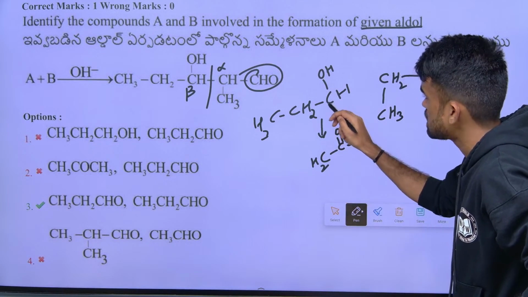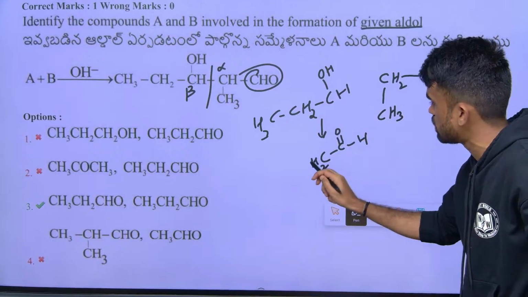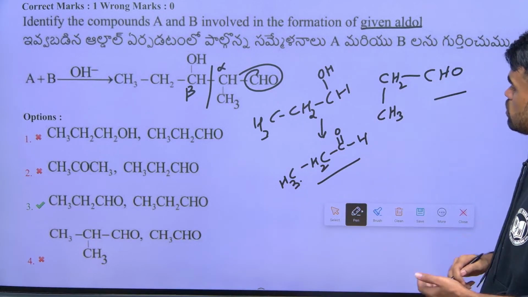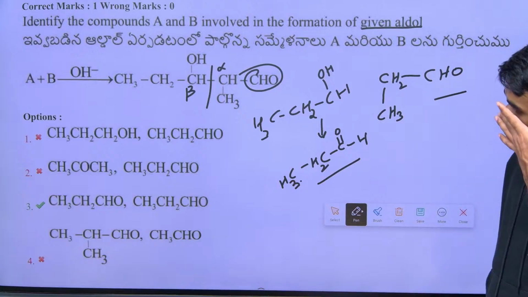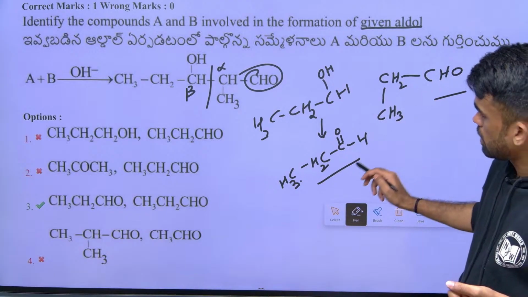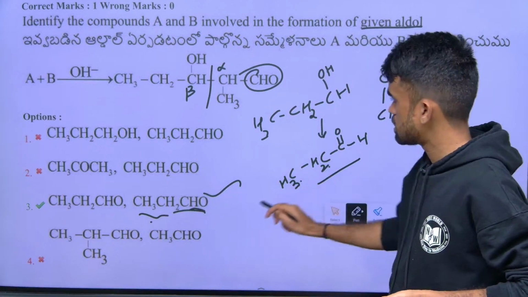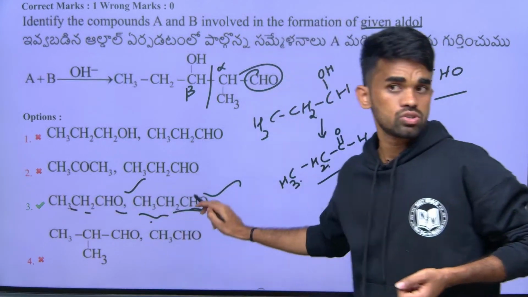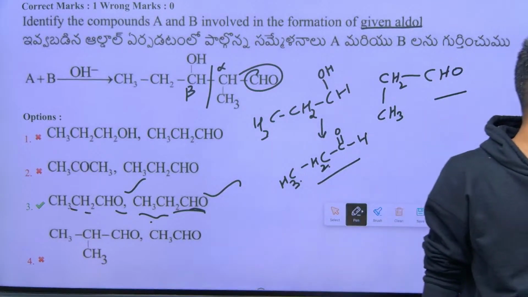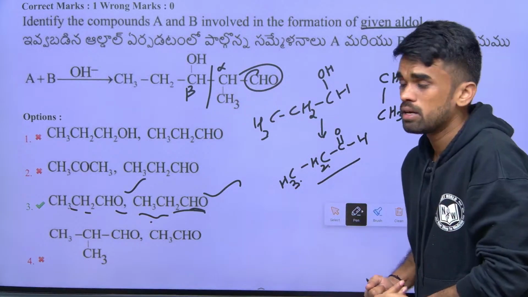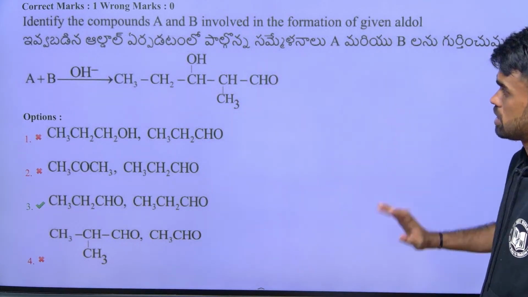Because this carbon valence is not satisfied, that's why I am making it as CO. These are the 2 units, this is 1 unit, this is the second unit, both are the same only now. So what is that? CH3, CH2, CHO, and this is also CH3, CH2, CHO. So we got option 3. Hope it is clear how we are breaking and making the starting materials. Okay, so it is a very important approach.